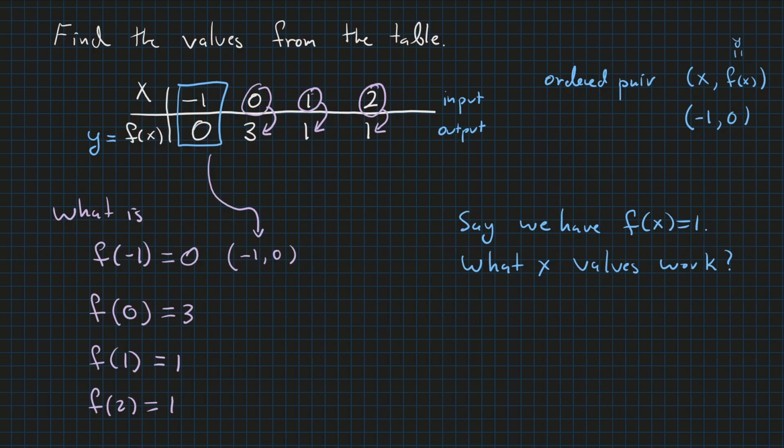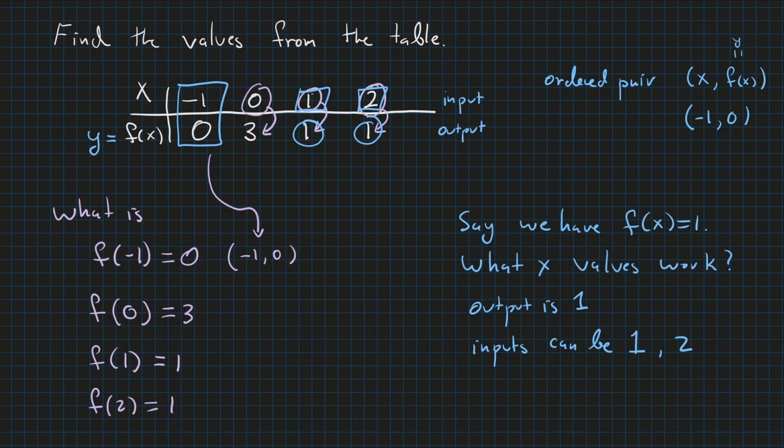This is saying that our output is 1. So we go to our 1s on the outputs and we find our inputs. The possible inputs can be both the 1 and the 2.